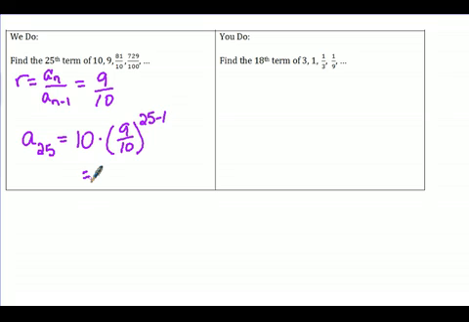And if you put that in your calculator, it's going to give you a very large fraction, but we can change it to a decimal, and if we do that, we get 0.797. So again, pause the video for a moment and try the next example on your own.